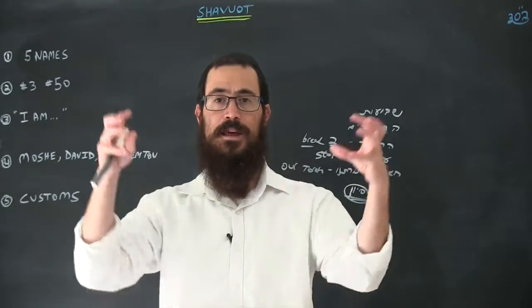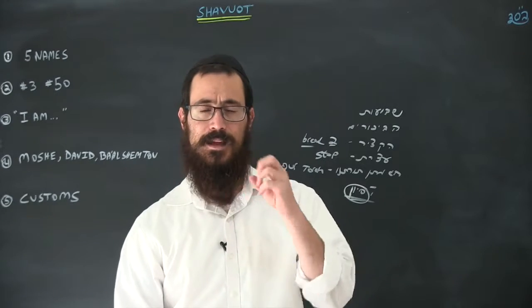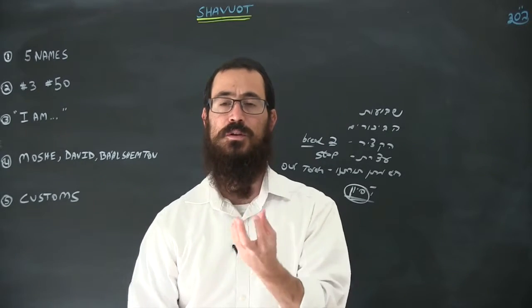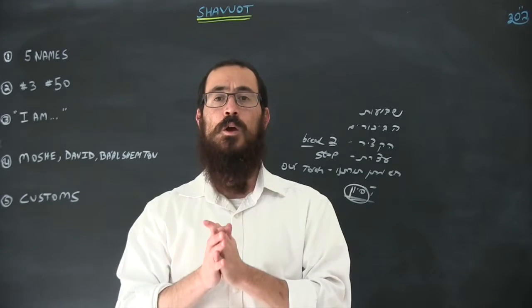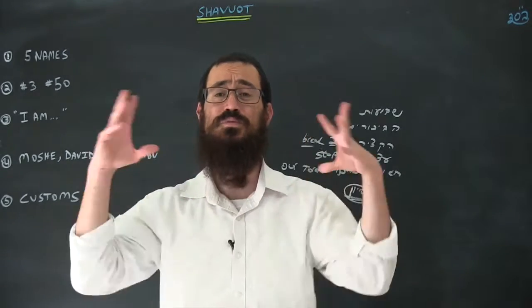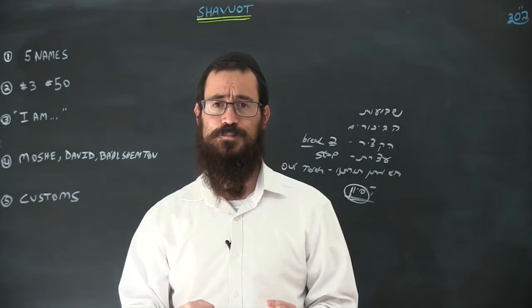And the 3rd month is the connection between these two opposites. Essentially the entire Torah is about a connection between opposites. What opposites are we referring to? The most extreme opposites: heaven and earth, body and soul.